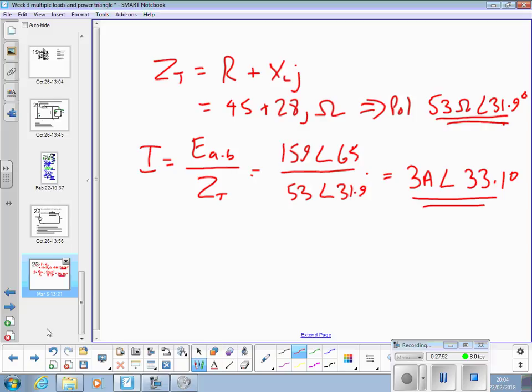Okay. First of all, I've got a question for you. Is that current leading or lagging the voltage? And this one's 65 degrees, that one's 33.